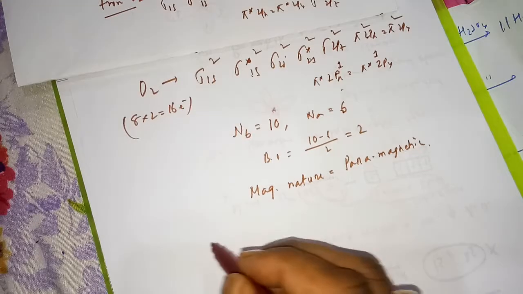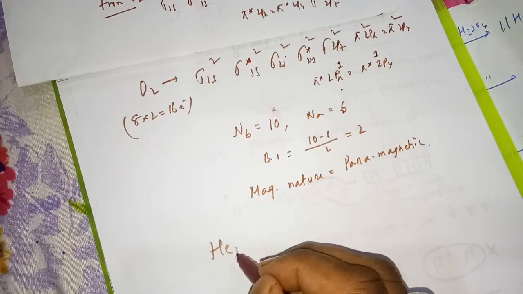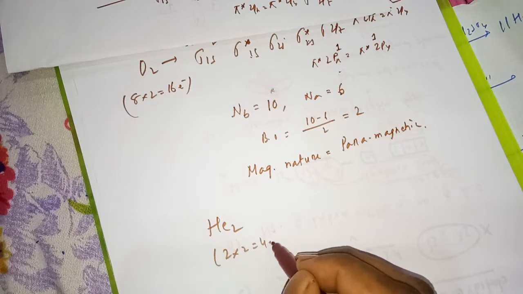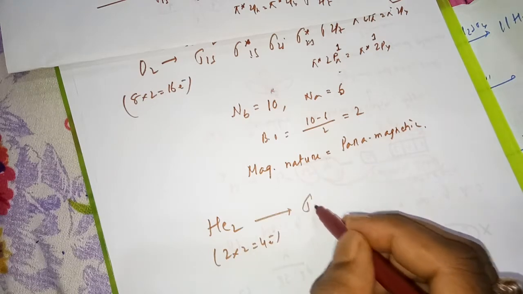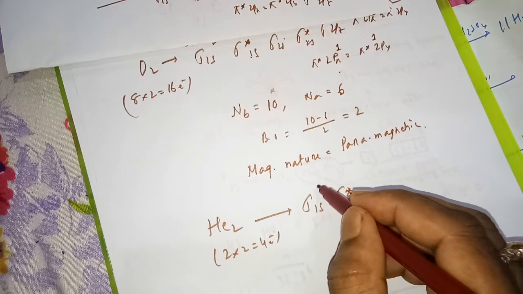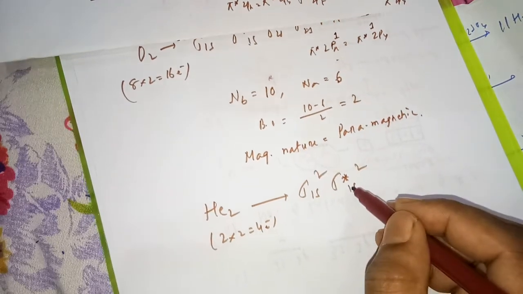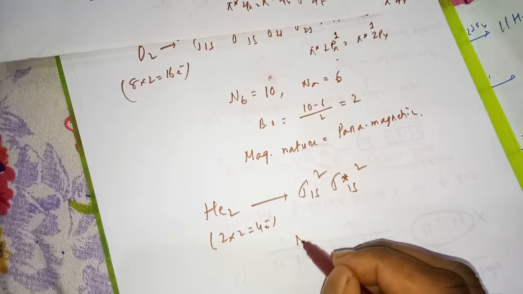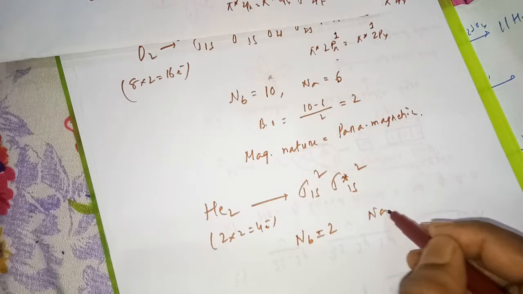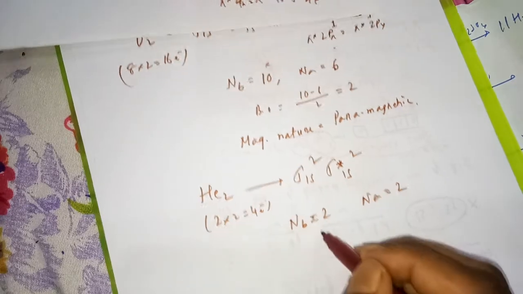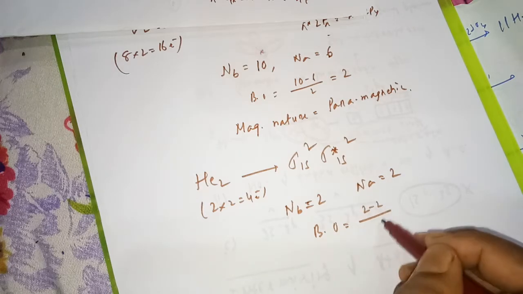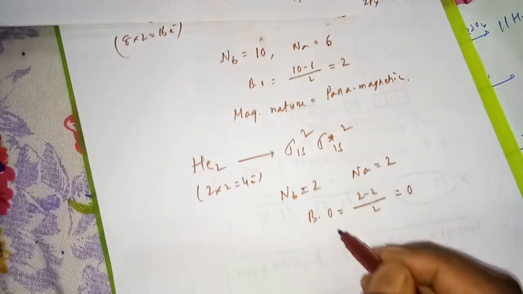Now if I want to write the electronic configuration of He2, helium having 2 plus 2, 4 electrons, it is sigma 1s, sigma star 1s. There are 2 electrons here, 2 electrons here. So the number of bonding electrons is 2, the number of antibonding electrons is 2. Its bond order becomes 2 minus 2 divided by 2 equal to 0.